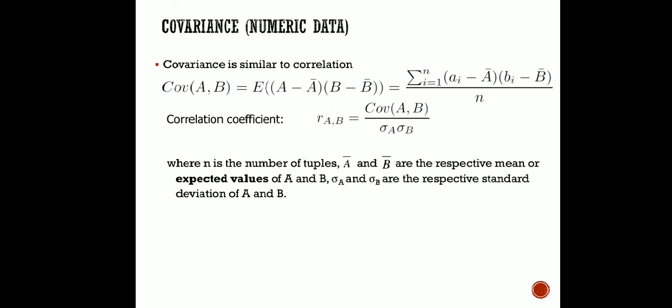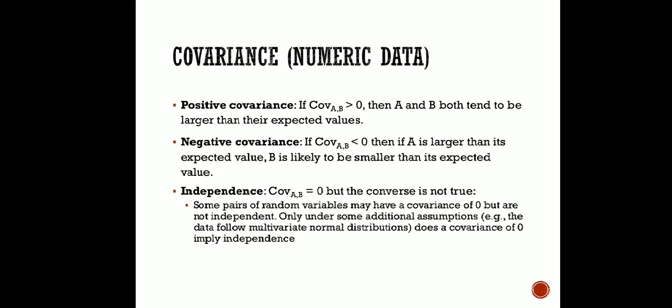How we are finding it out, you can see the same thing we were using. So if we have to find out the correlation coefficient, firstly we have to find out the covariance of AB using the formula available, and we have to divide it by the standard deviation of A multiplied by the standard deviation of B. So we will try to see a very small example here.